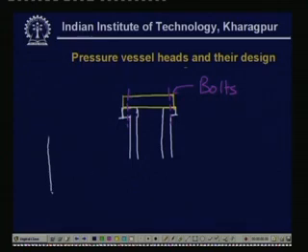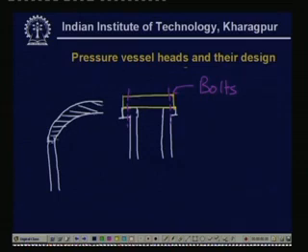For example, if you look at this section, then here the thickness is something which normally the disc head will have larger thickness. So, therefore, there is a gradual change in thickness from this side to that side and this is called the knuckle point.